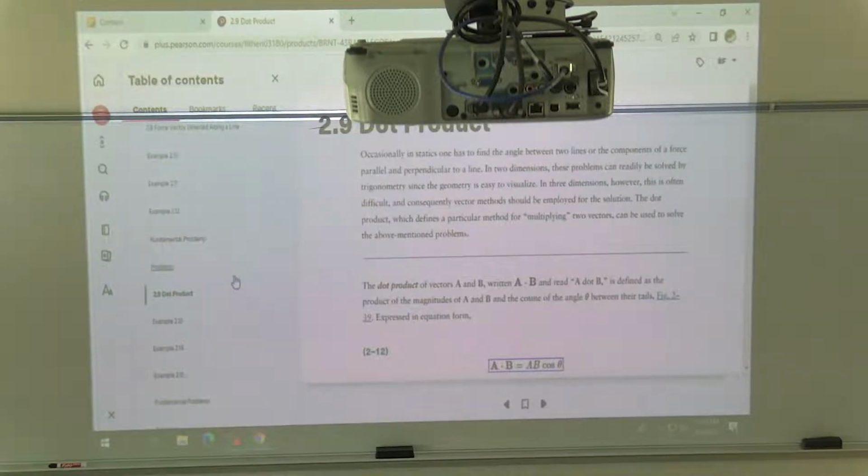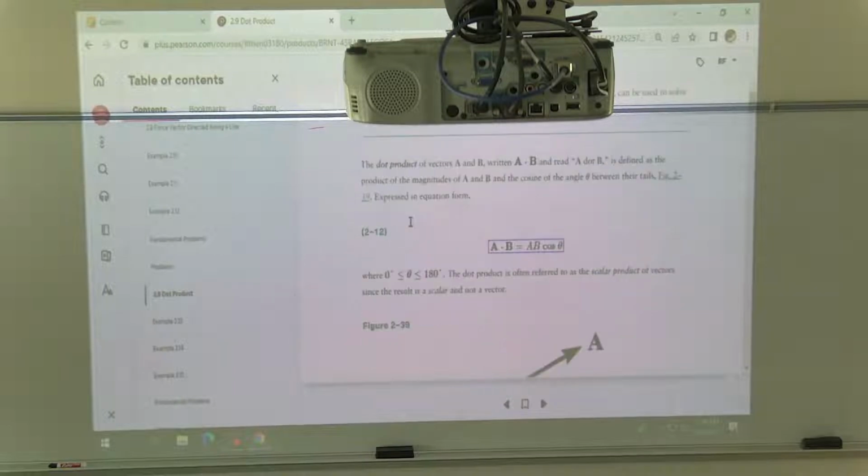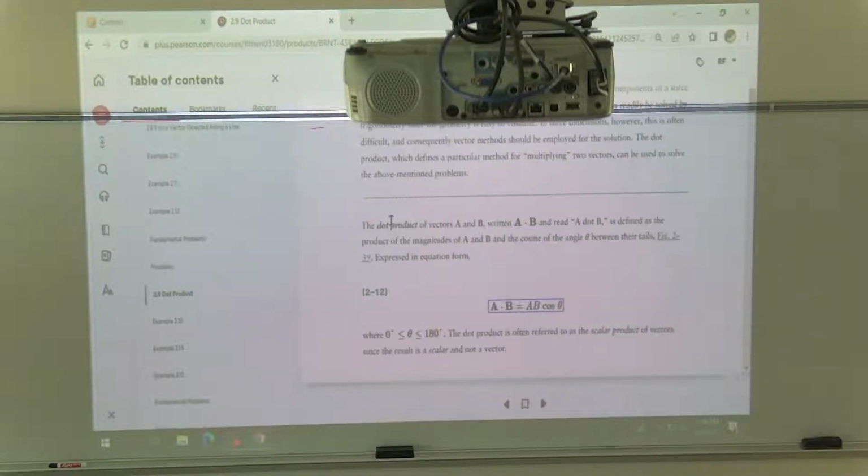Section 2.9, and this is interesting to me because this is the first appearance of the dot product, which I spent most of the time early on starting here. So I'll just do a fill in.